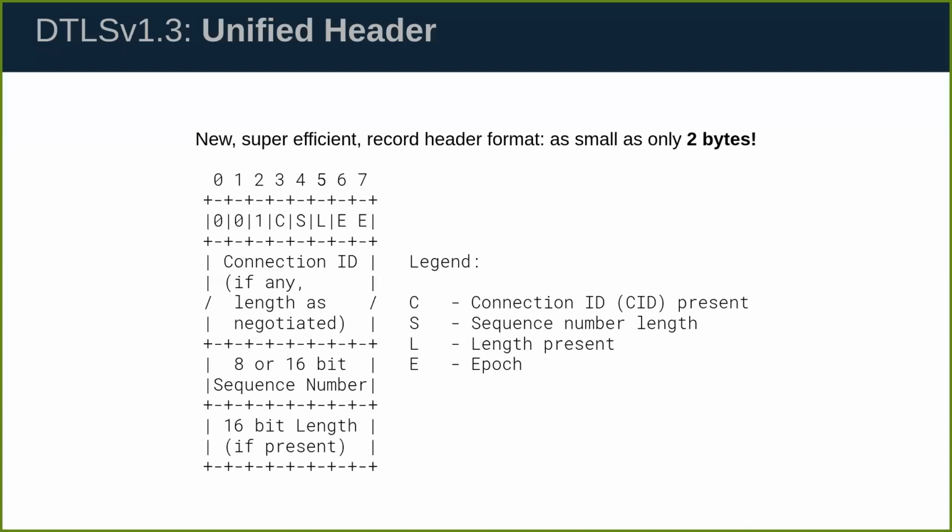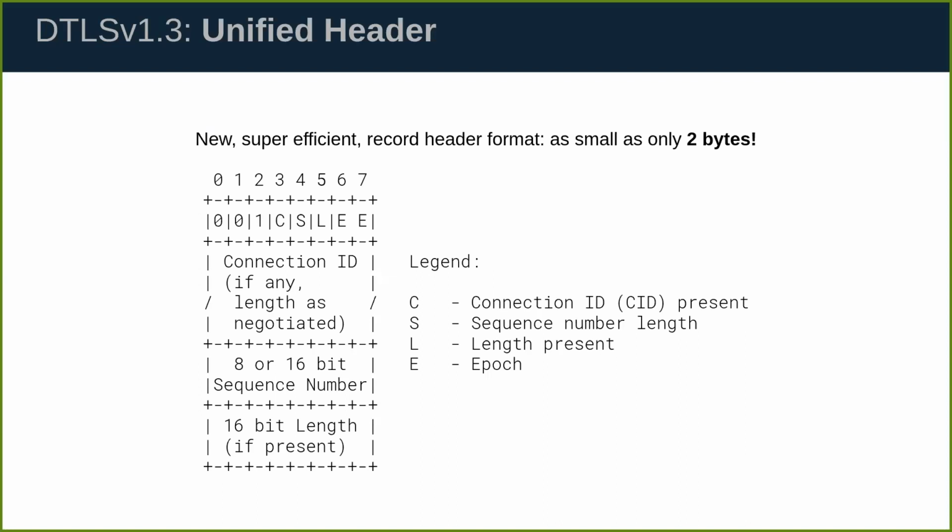The 5th bit describes how long the sequence number is, either 8 or 16 bits. The 6th bit states whether or not the length of the datagram is present. If the length is missing, then the length of the message is implied to be the rest of the datagram message. And the last 2 bits signify the epoch number.